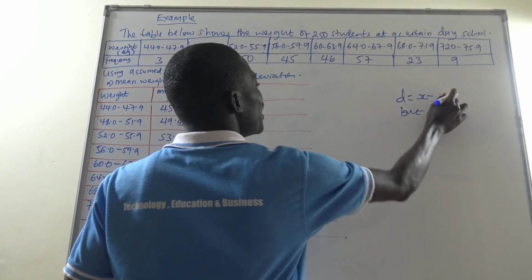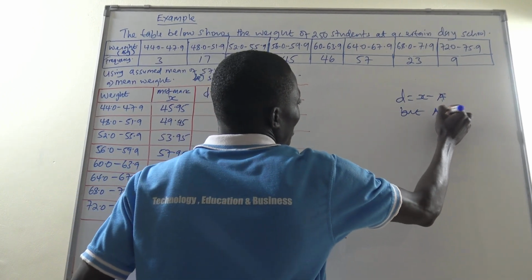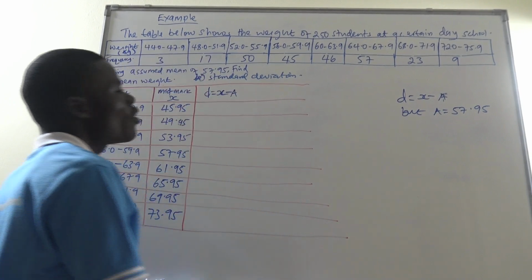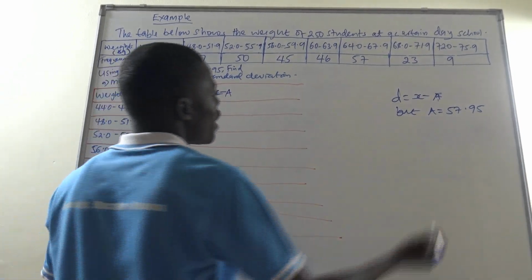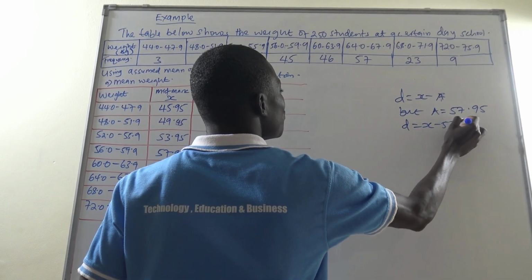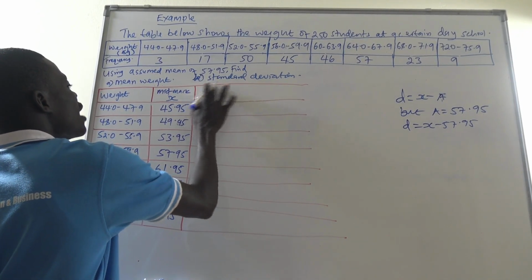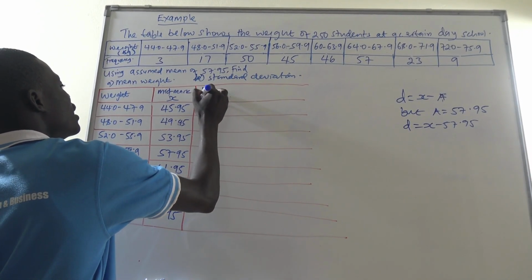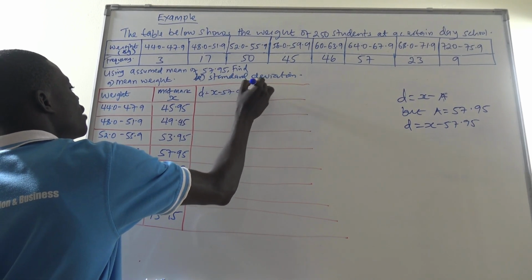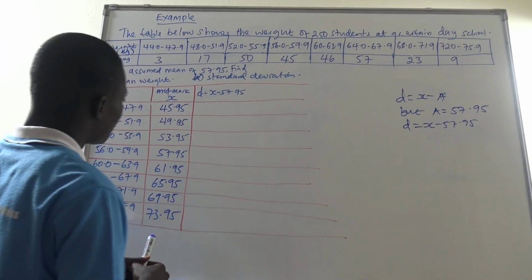But this time a stands for the assumed mean, and they have given us a as 57.95. So our D will become x minus 57.95, where x is our midpoint. That will be our column for D.